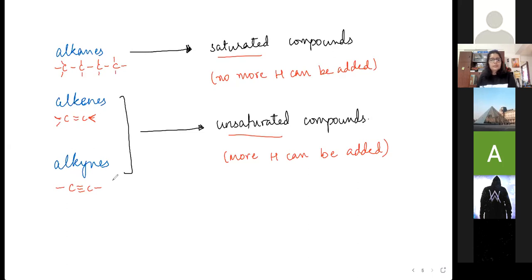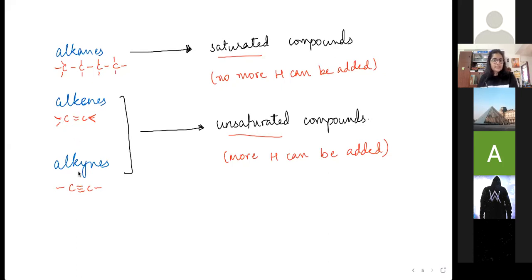The reason I'm saying no more hydrogens can be added here is that here the valency of carbon is completely filled, and if I were to add extra atoms, I'd have to break the bond and then add. Without breaking, it's not possible. It's completely full for now.